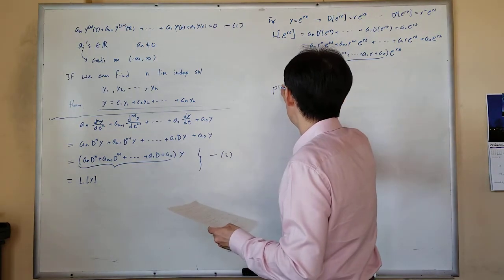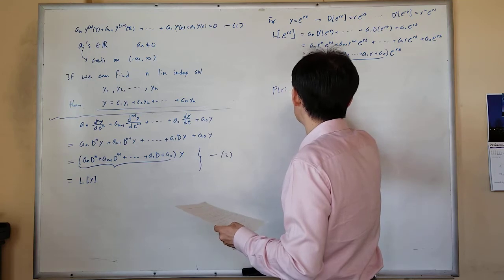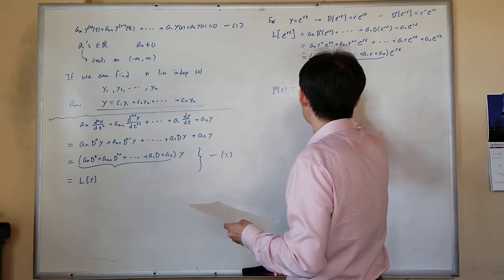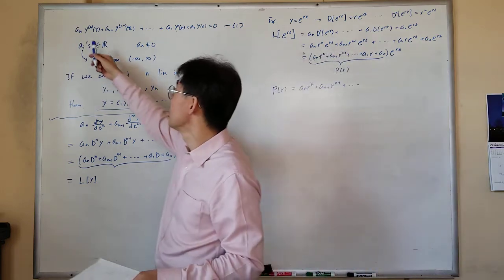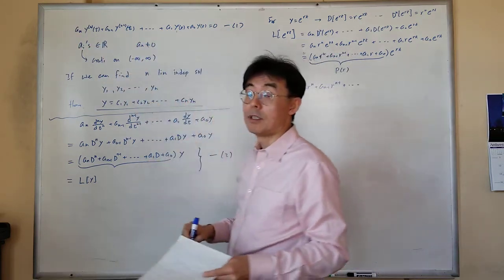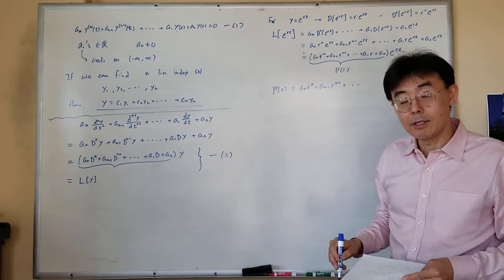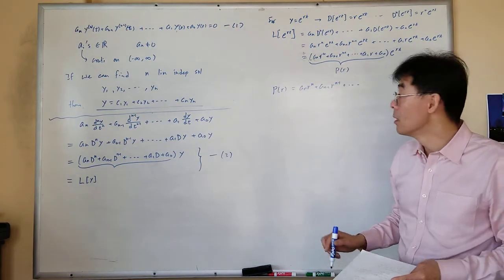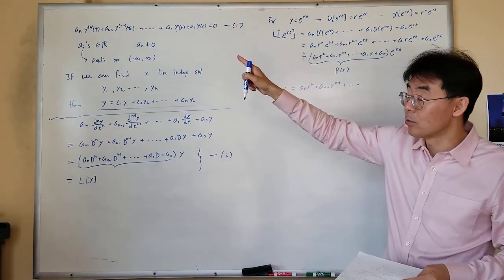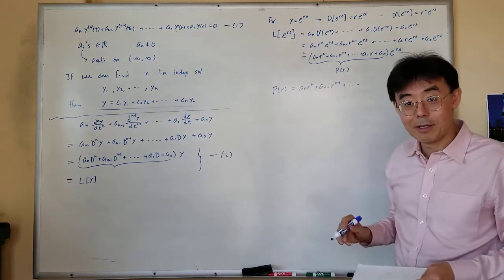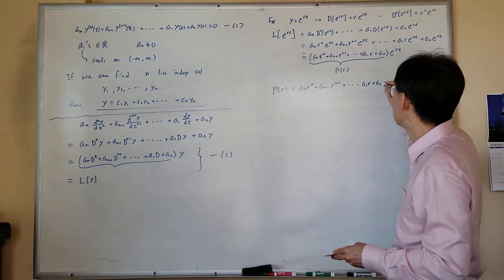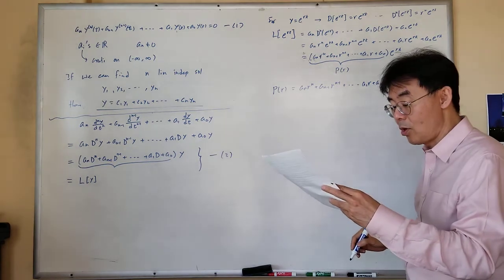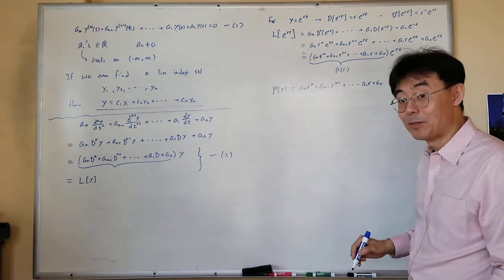So p of r is a polynomial in r with the same coefficients as the given nth order linear differential equation. Instead of nth order derivative, you have nth power of r and so forth. And this is what we call the auxiliary equation, just like before.